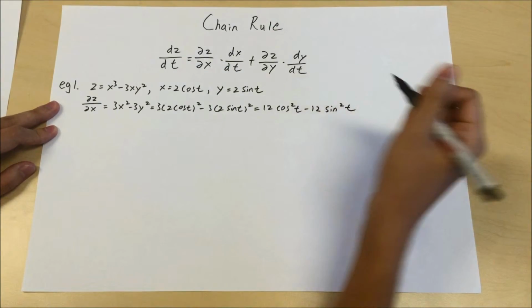The application of the chain rule formula will be required. We'll start by solving for the partial derivatives of the chain rule, which is del z over del x and del z over del y.